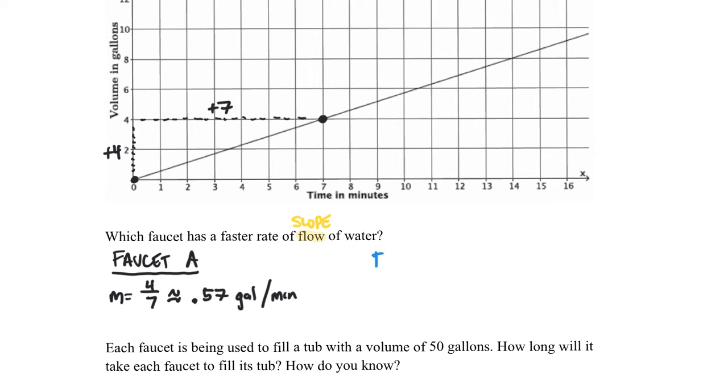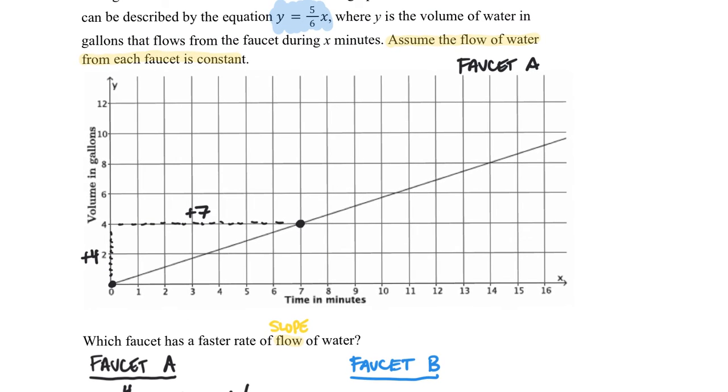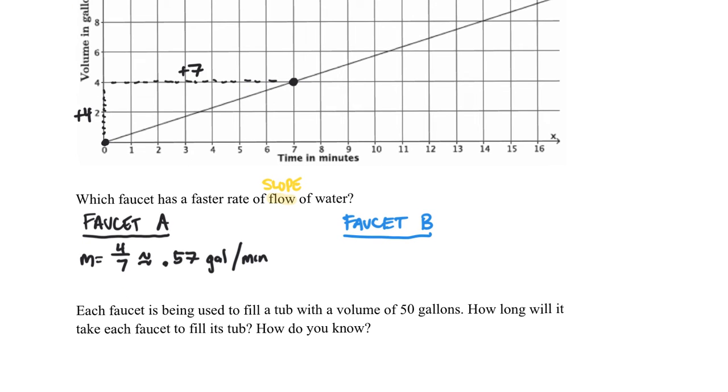Now, let's talk about faucet B. Faucet B is given to us in equation form. y equals 5/6 x. Well, there is your slope, right there, 5/6. So the slope of this one is simply 5/6.